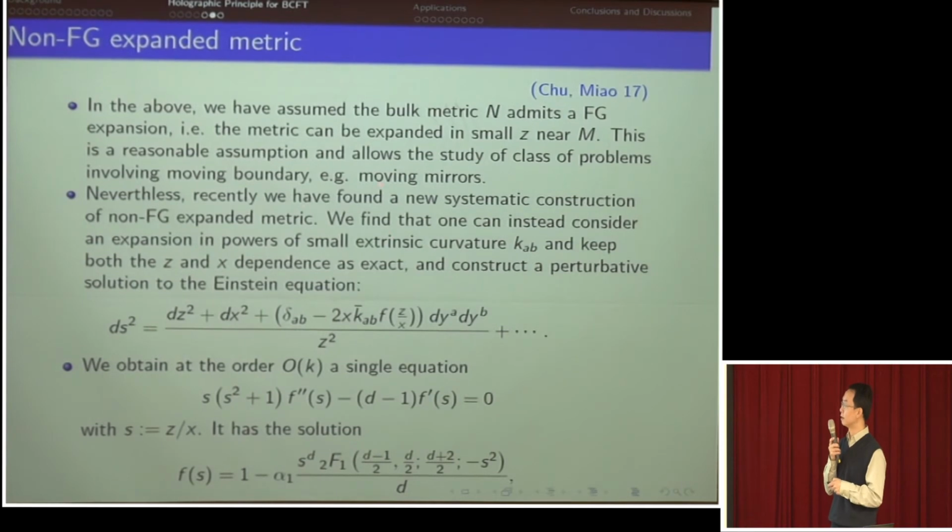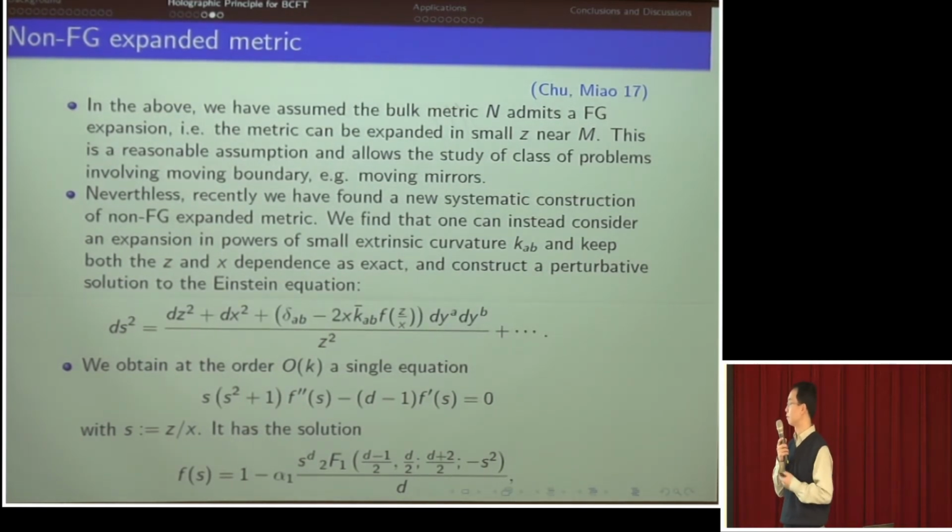But we found that actually there's a non-standard FG expansion in which the metric is not completely fixed. There are some additional degrees of freedom you can have in the metric. The price is that you break some of the smoothness in the FG expansion. So this is a bit technical.